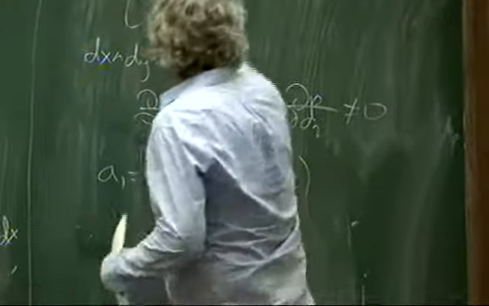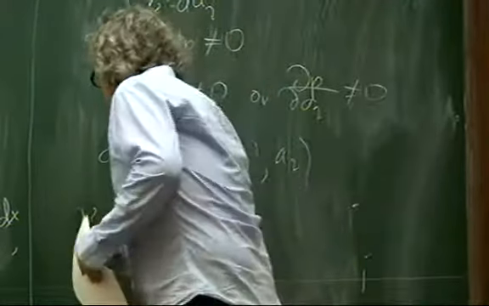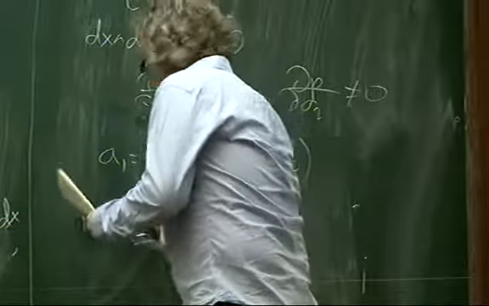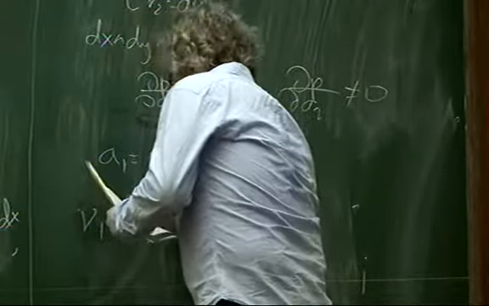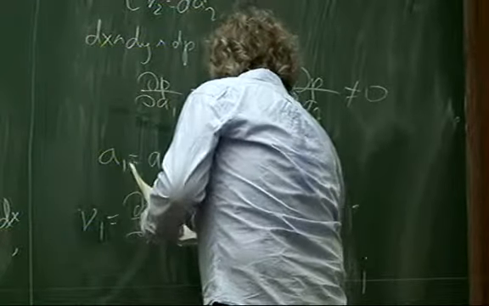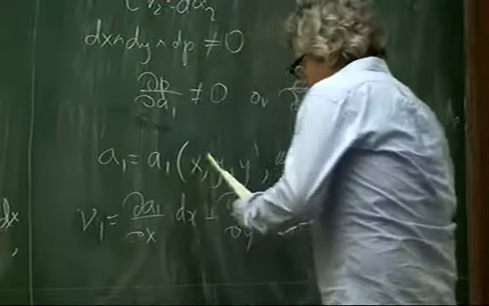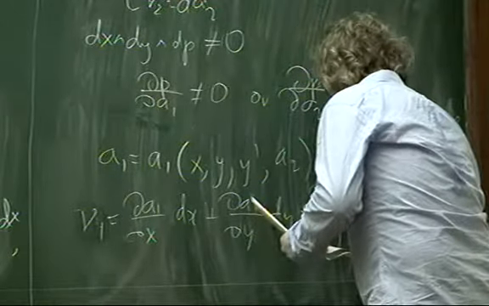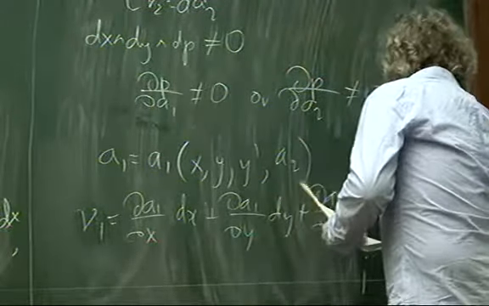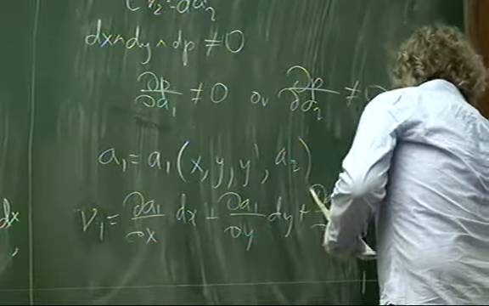My μ will be as it was, but my μ1 will now be ∂A1/∂x dx plus ∂A1/∂y dy plus ∂A1/∂y1 dy1 plus ∂A1/∂A2 dA2.